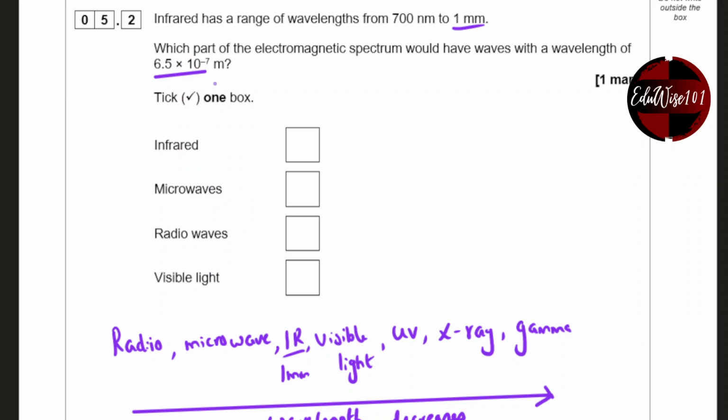That could be very close to visible light, because it definitely can't be radio waves or microwaves. Can it be infrared? Now 700 nanometers is 700 times 10 to the power minus 9 meter. So that's way too small, smaller than what they have given us. So it should be visible light.